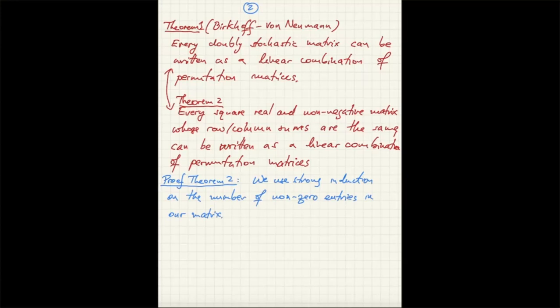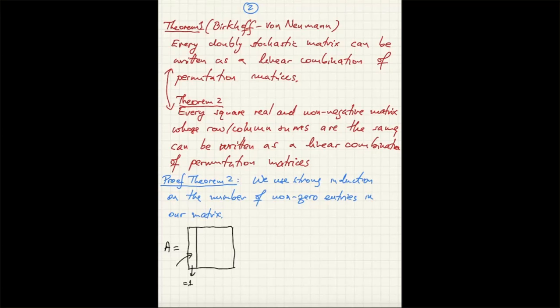Okay, so where do you start with this strong induction? Let's say we have our square matrix, let's call it A, and each row, each column, let's say, sums up to 1.